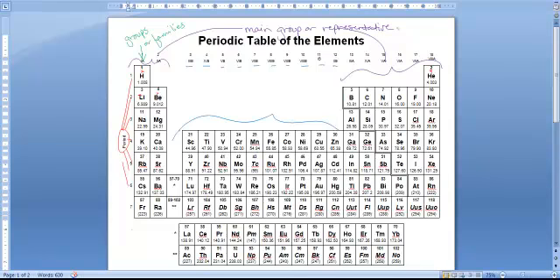Okay. Some of them were the ones that were kind of discovered earlier on. They have properties that are much more consistent, and so a lot of reactions and stuff are done with them, and trends are discovered with them. And so those are our main group or representative elements.